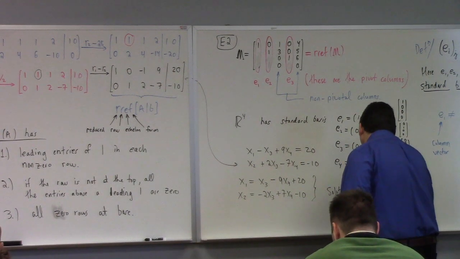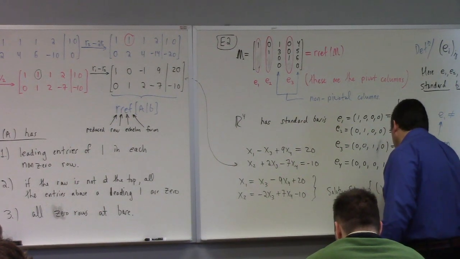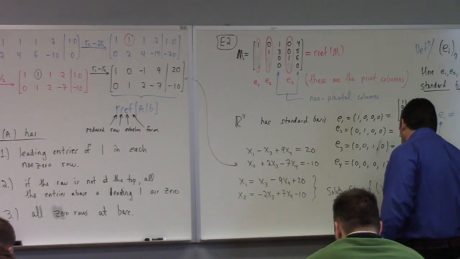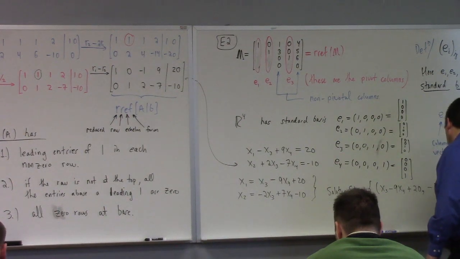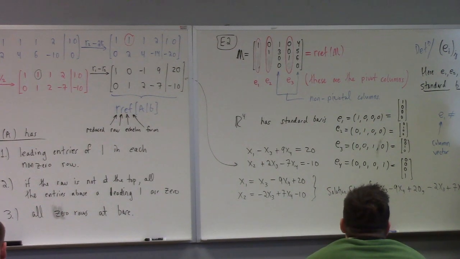My solution set here has the form (x3 minus 9x4 plus 20, minus 2x3 plus 7x4 minus 10, x3, x4). What's x3 equal to?